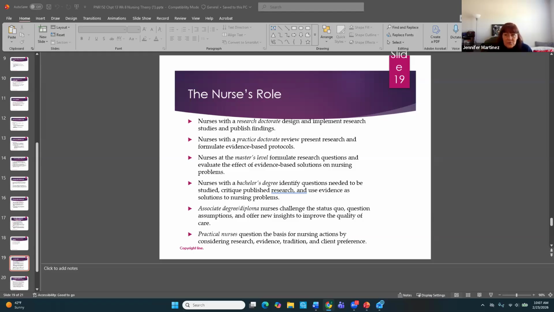Nurses at the master's level can formulate research questions and evaluate the effect of evidence-based solutions on nursing problems. For my master's project, we identified an area that needed improvement and implemented that where I was working.